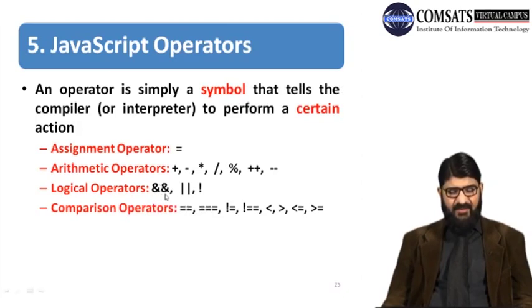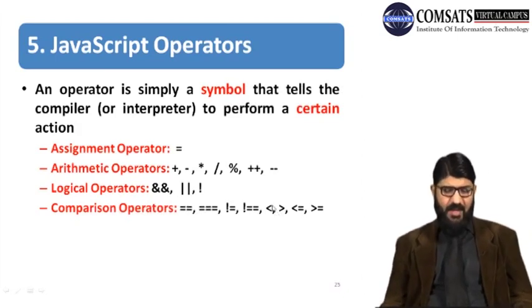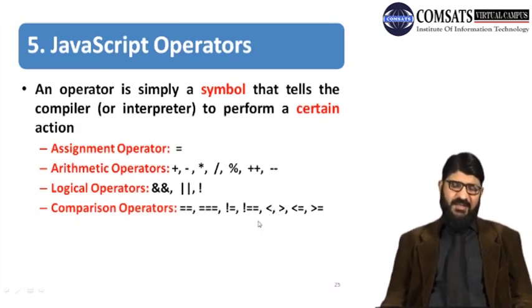Double ampersand is a logical operator, and double pipe is another logical operator, and the exclamation sign is also a logical operator. And then comparison operators: equal, not equal, less than, greater than, greater than or equal to, less than or equal to. So there are four major categories of operators.